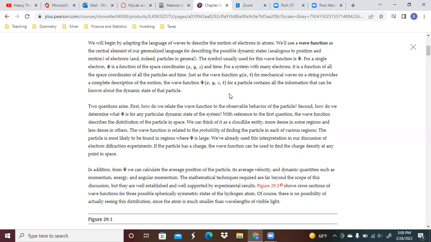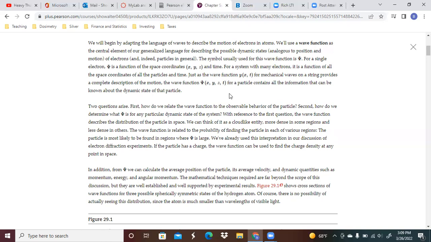Just as the wave function for mechanical waves on the string provides a complete description of the motion, the wave function for a particle contains all the information that can be known about the dynamic state of that particle. So now we end up with two questions. First, how do we relate the wave function to the observable behavior of the particle? And second, how do we determine what psi is for any particular dynamic state of the system?